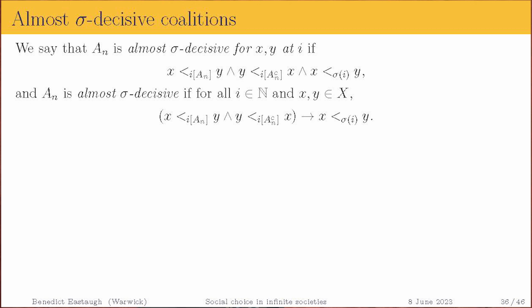Okay, so an almost decisive coalition is one that is, in some sense, strictly decisive. So if we divide the set of voters into two, perhaps the people on this side of the room and the people on this side of the room, and all of you over here prefer x to y, and all of you over here prefer y to x, strictly, then this coalition is almost sigma decisive if your preference prevails.